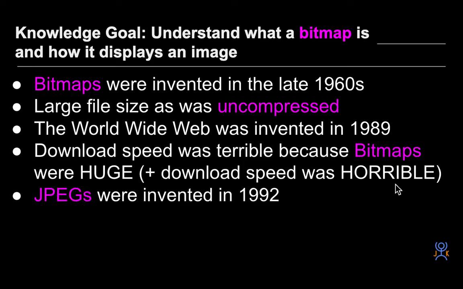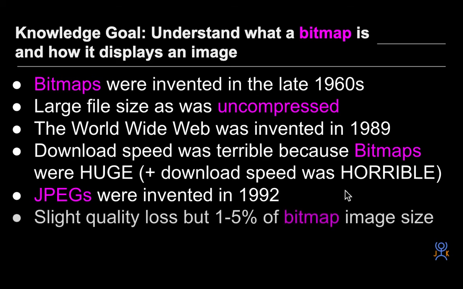And then along came JPEGs. So in 1992, JPEGs were invented. They found a way of squashing bitmaps, compressing bitmaps together to make much smaller files. And the quality loss wasn't too bad.